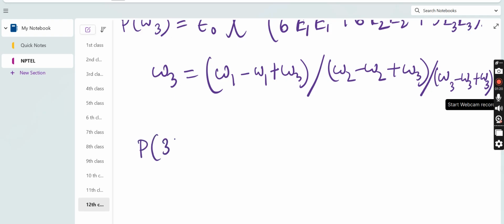Then we will get the third order harmonic.